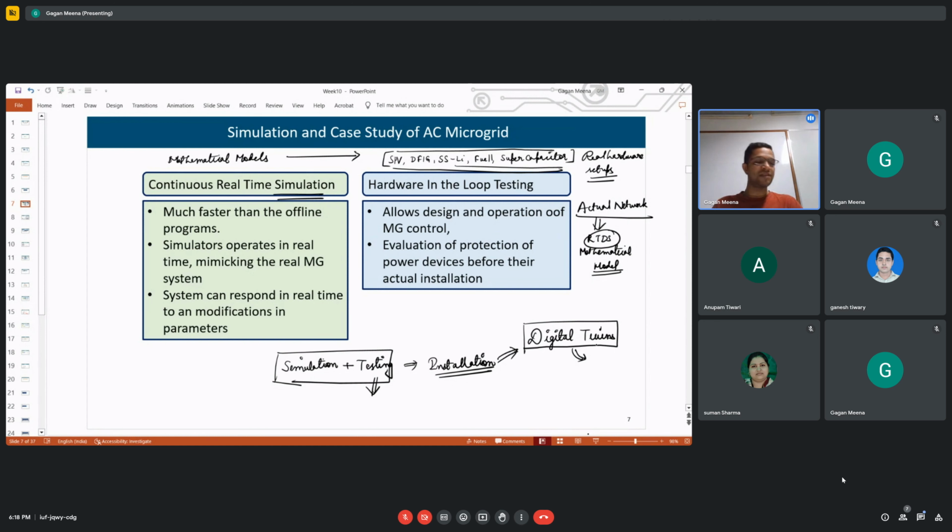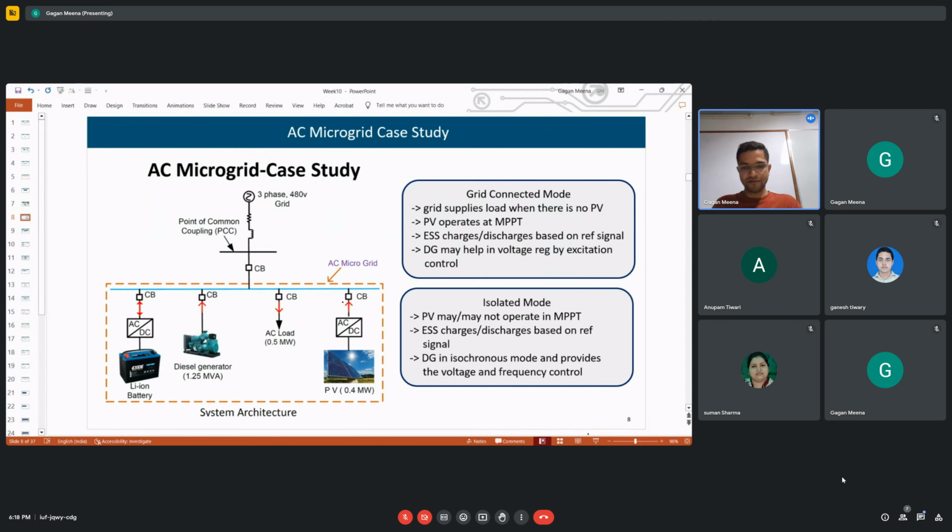Let's move ahead. So the first was the AC microgrid case study. As we have already seen, we have three types of microgrid: AC microgrid, DC microgrid, and AC/DC hybrid microgrid. AC microgrid we can have easily because the existing system is AC. So installing an AC microgrid will not be a challenge.